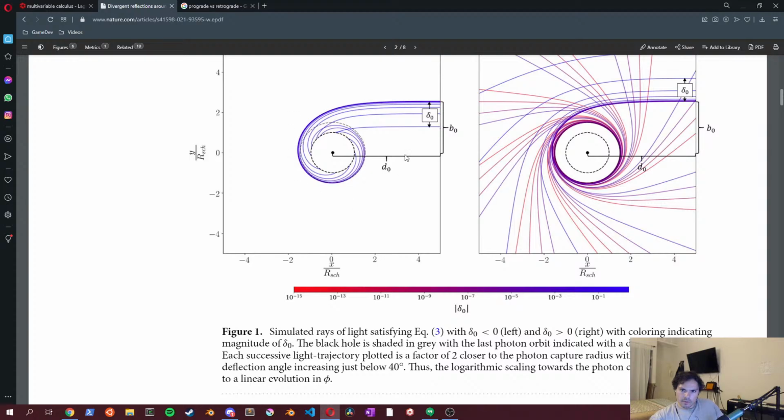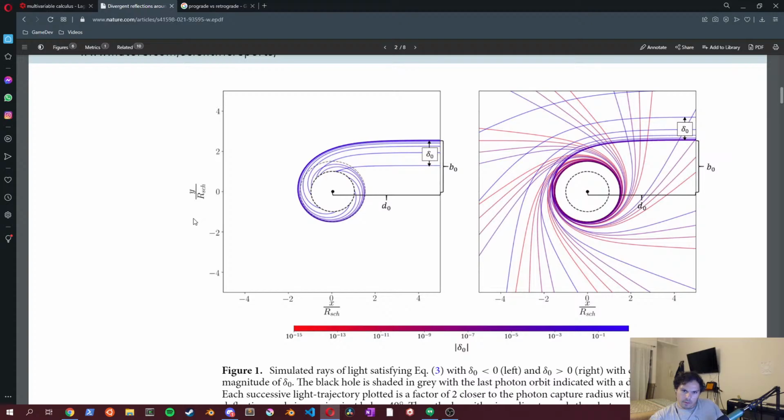So that's why you see all these trajectories that fall in. And I guess they're saying if you're an observer standing here, I see. So they're saying where the light ends up way far away is going to be a function of this delta 0.